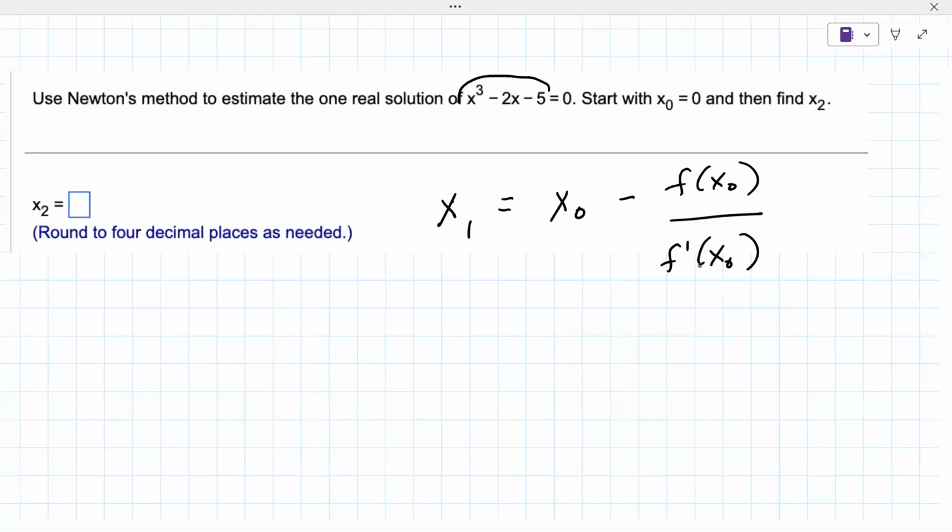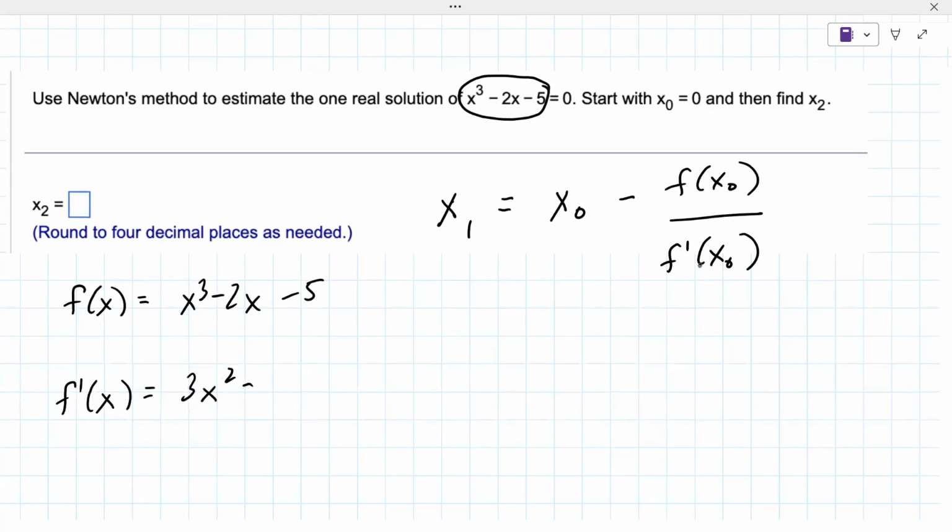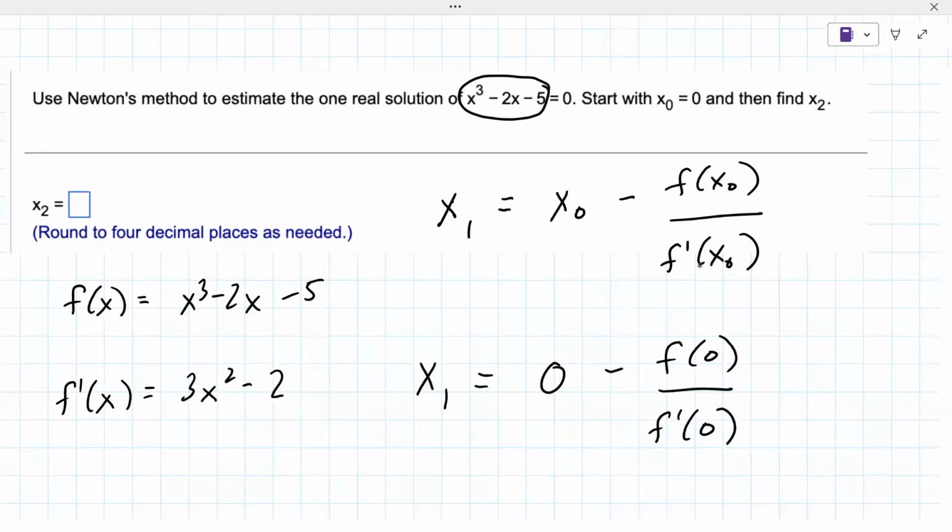Okay, so this right here is your f of x. Your f of x is x cubed minus 2x minus 5, and your f prime of x is 3x squared minus 2. So x1 is equal to 0 minus f of 0 over f prime of 0.